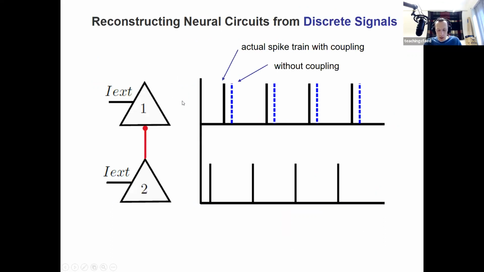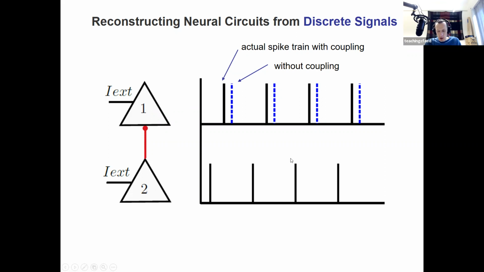I further abstracted. I consider first a network of 2 neurons, and it's a model network. You assume that without coupling, if you just leave the neurons alone and drive them with a constant current, they would just emit the blue spike train. Now you do the same, but in addition, you couple them.